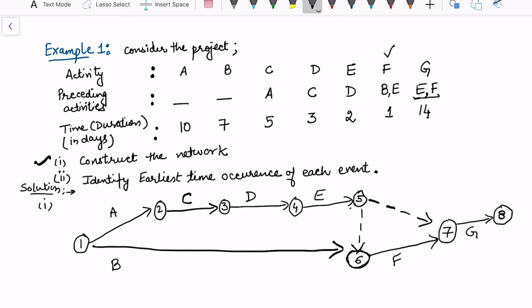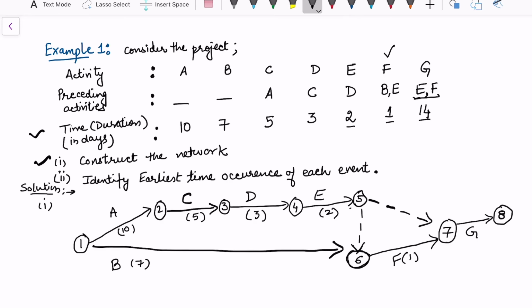Now let us write down the time duration of each activity which is given to us in the question. Activity A takes 10 days. Activity B takes 7 days. Activity C takes 5 days. D takes 3 days. E takes 2 days.